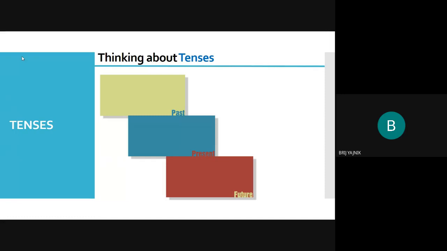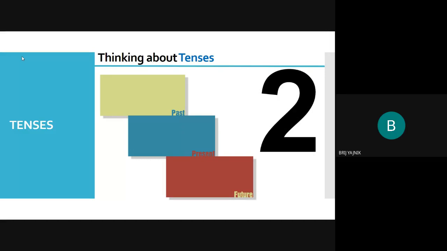After your views, we came to understand that there are only two tenses, and these two tenses are actually present and past, because they are original. They have their own form, right?